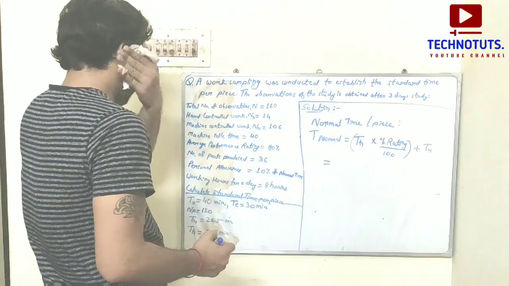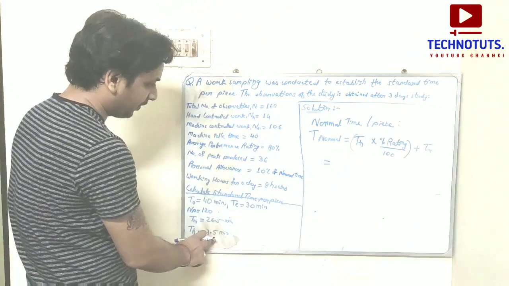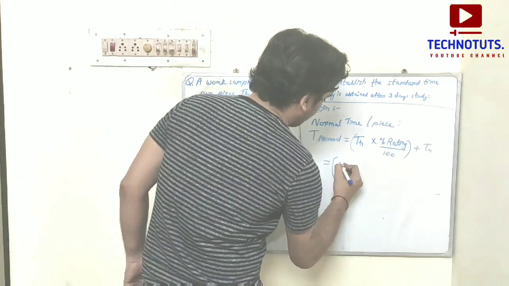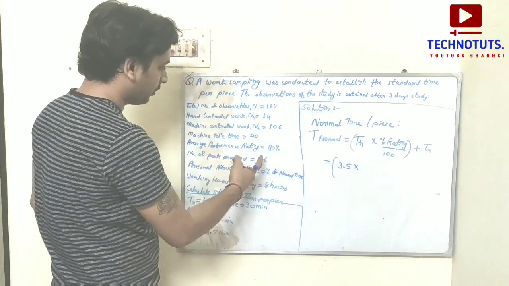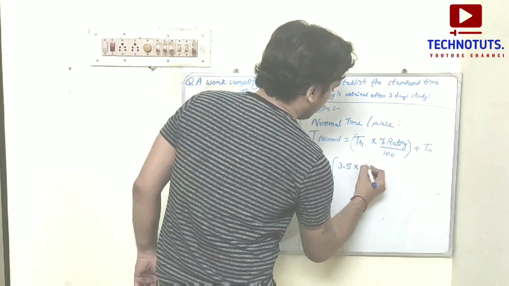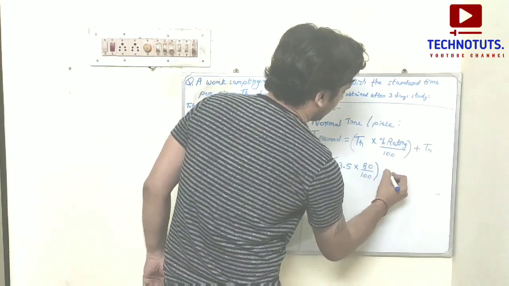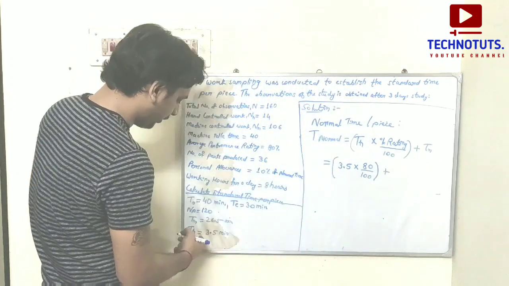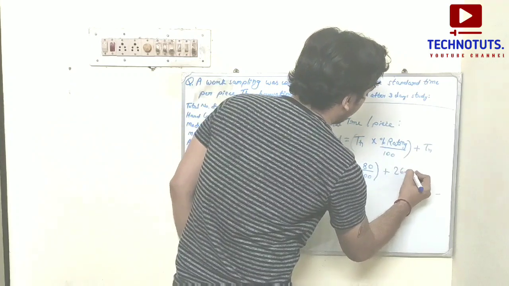We have obtained TH, hand control time per piece, as 3.5 minutes. Let us put the value 3.5 into the performance rating, given in the question as 80%, so 80 divided by 100, plus TM, machine control time, which we calculated as 26.5 minutes. What is the answer?